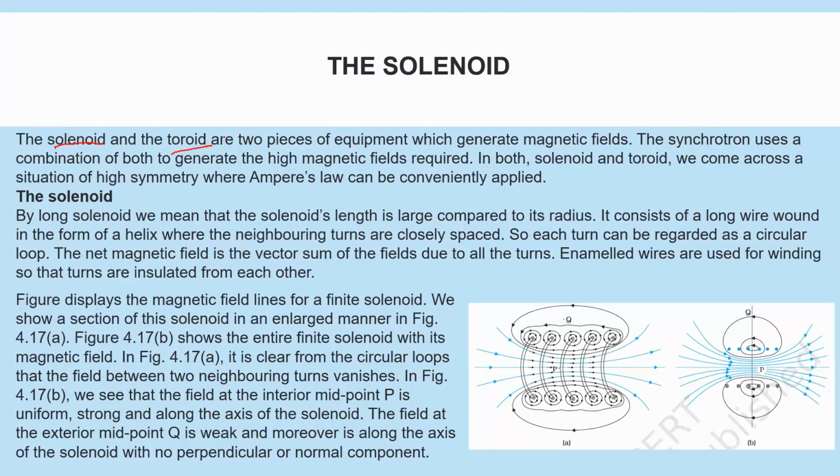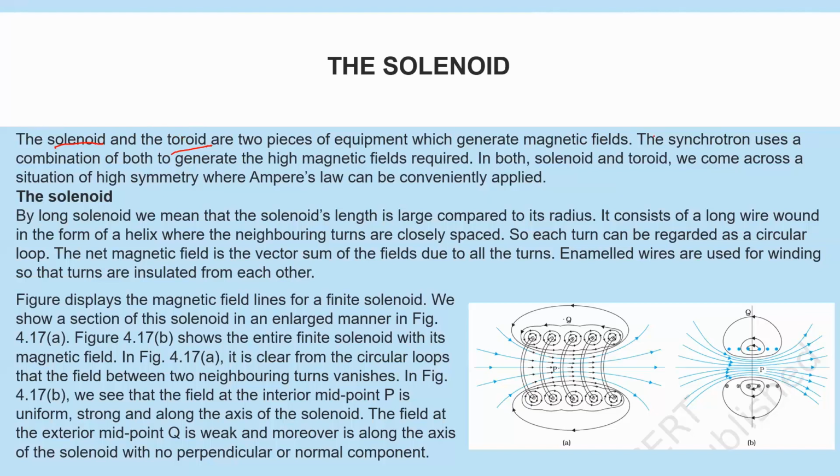These are equipment that can generate magnetic fields. Up until now we had seen what kind of magnetic field is associated with a current carrying wire or loop. Now we are going to learn about two devices that can generate magnetic fields.